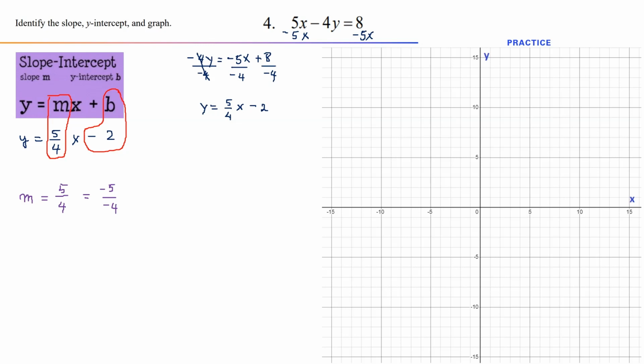And this one is positive m. So because it's positive m, the graph should look like that. And then we have the y-intercept that equals (0, negative 2). Now we find that point, 0, then negative 2.